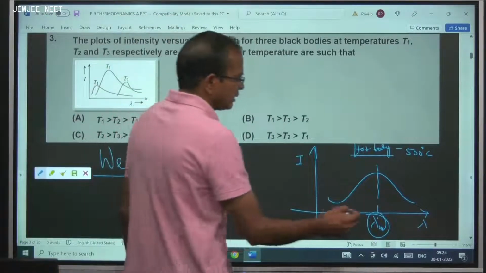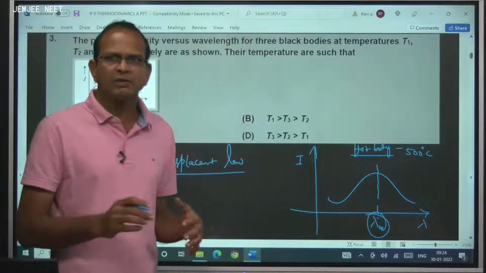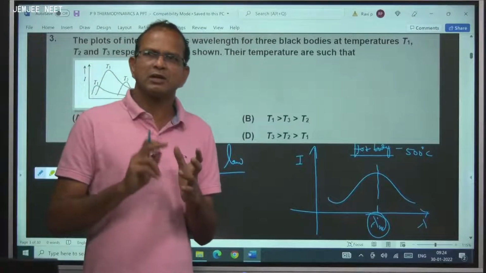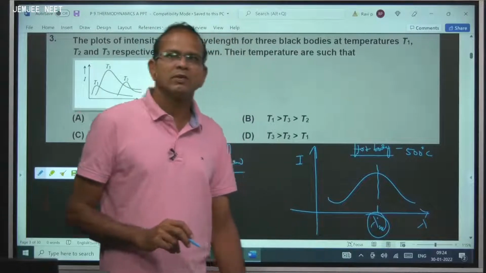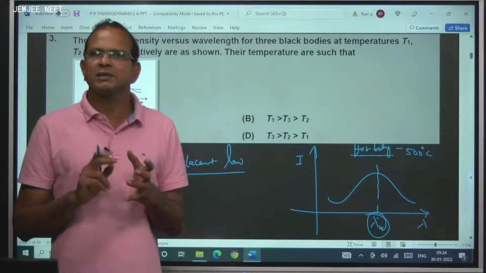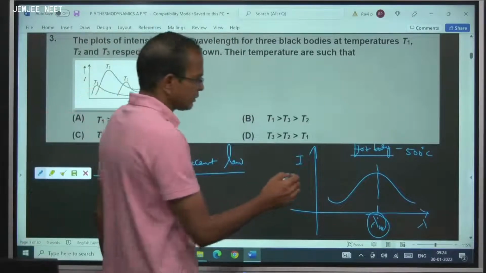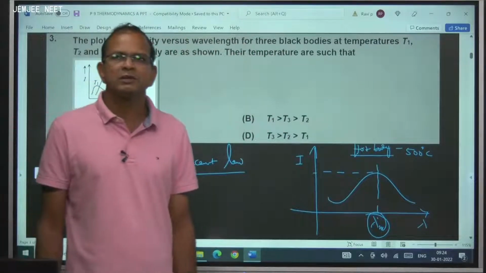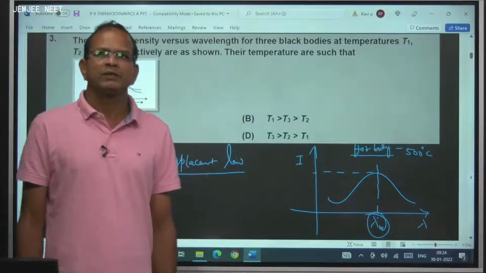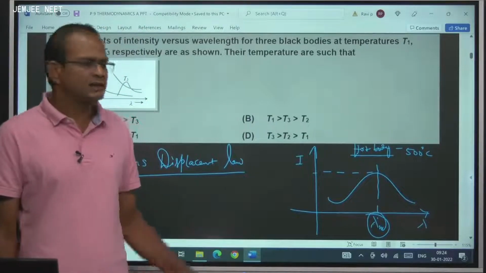In physics we call it the wavelength corresponding to maximum intensity. What is lambda m? Wavelength corresponding to maximum intensity is what is called lambda m.